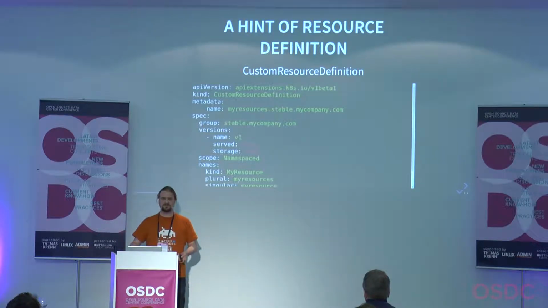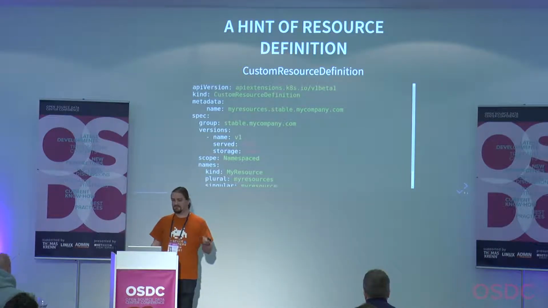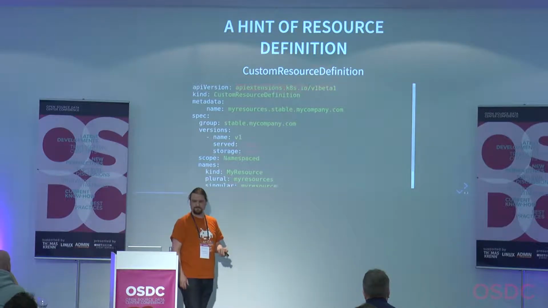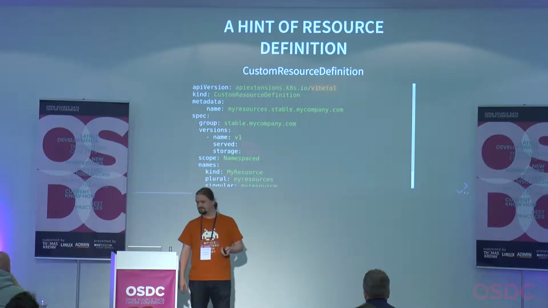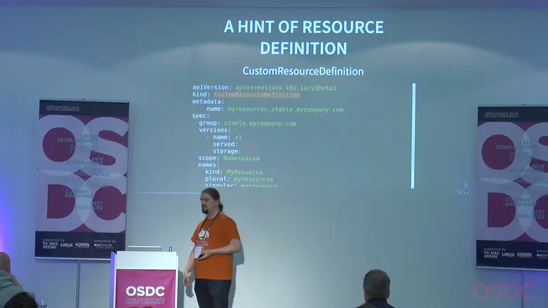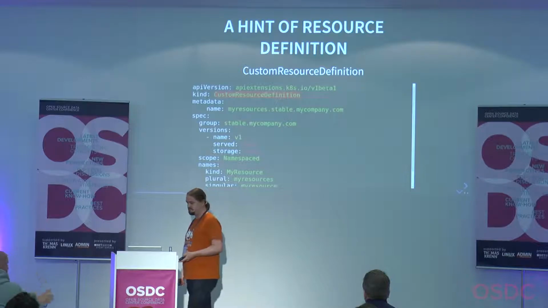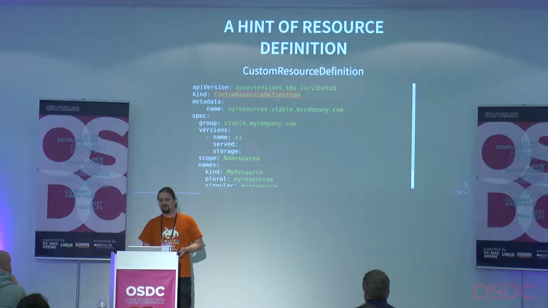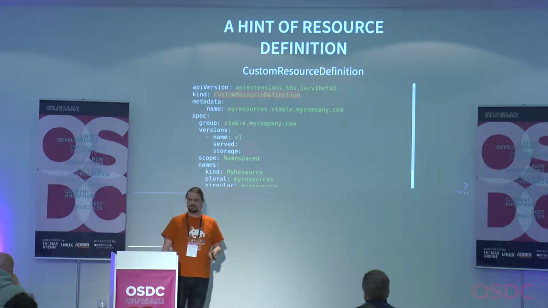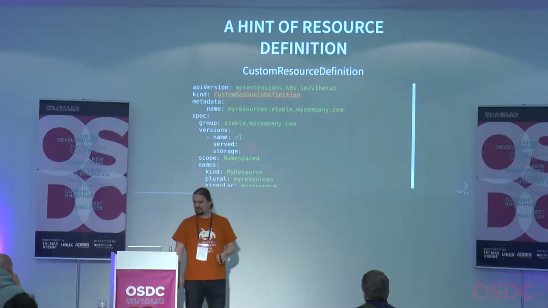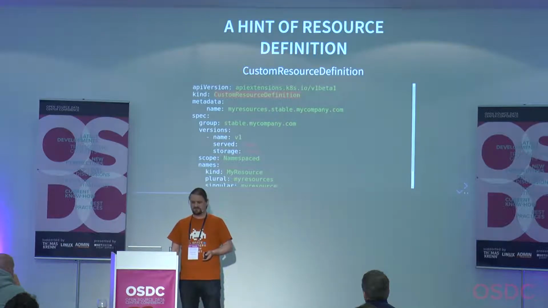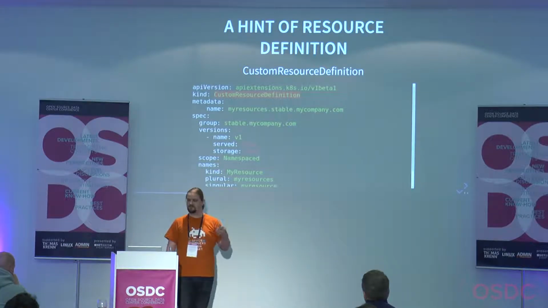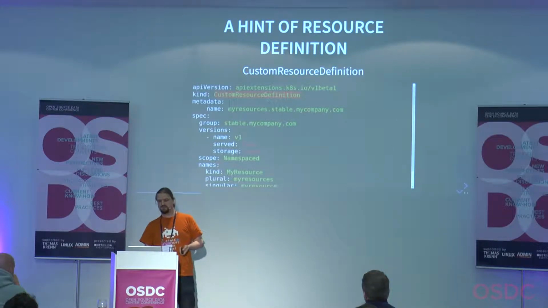And a resource, as you hopefully know, consists of 3 parts: an API group, a version, and a kind, or what you normally use, a name. For example, deployments are in the API group apps, have a version of v1 and, well, have a kind of Deployment. So the custom resource definition is used to introduce these 3 parts to Kubernetes.